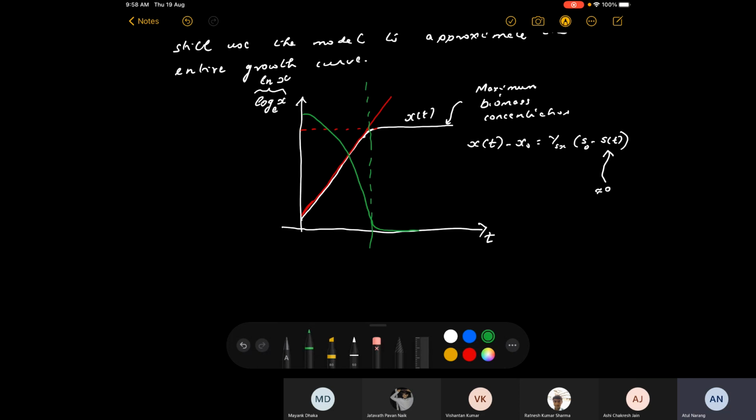So if S of t is equal to 0 when X of t is equal to X max, or Xm, what is the expression for X max? X naught plus Ysx into S naught.